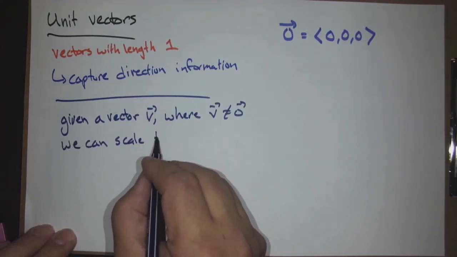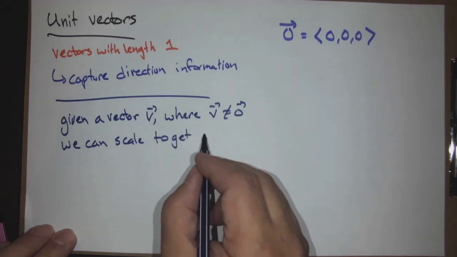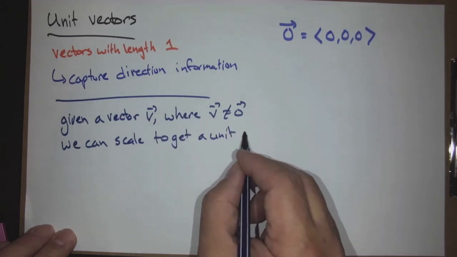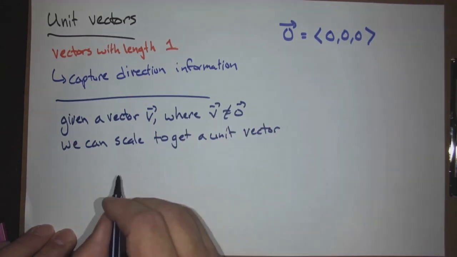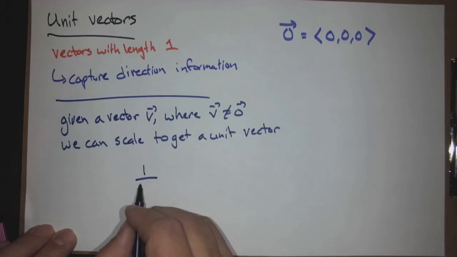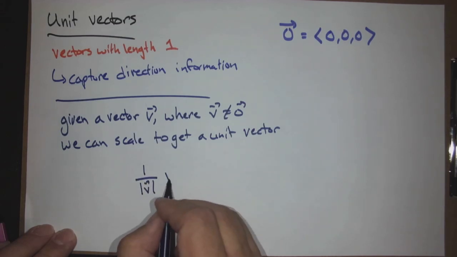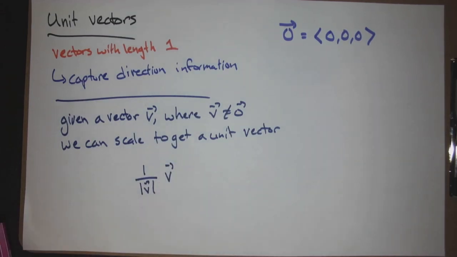The question is how much? Well, the answer will not surprise you. You take 1 over the length times the vector. So if you take any non-zero vector and you divide by its magnitude, you get a vector which has length 1. So you can make unit vectors.